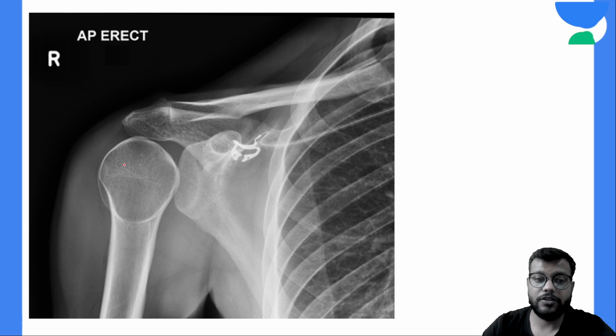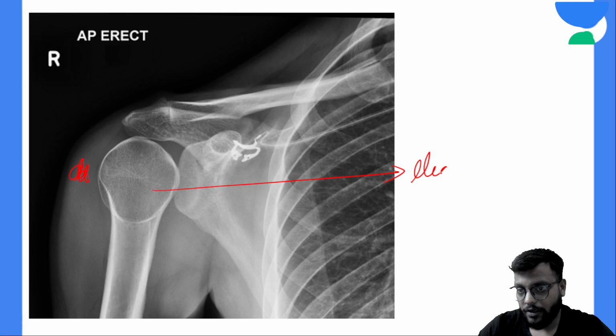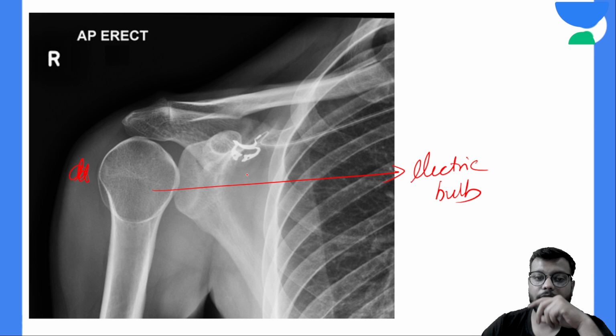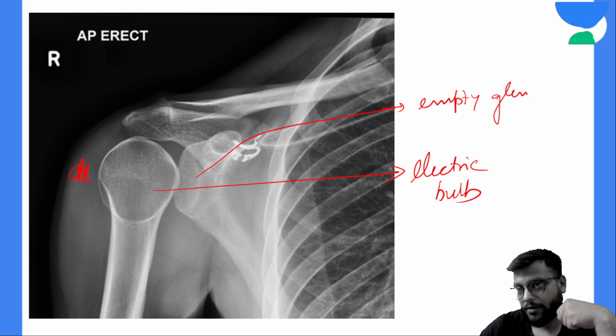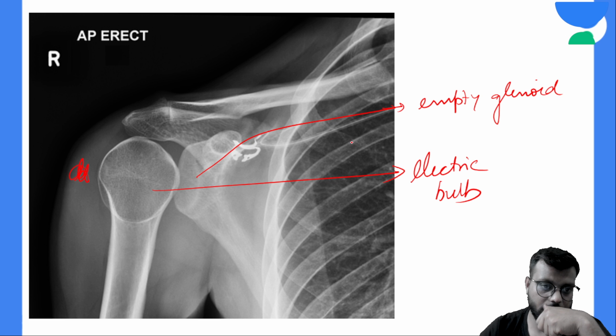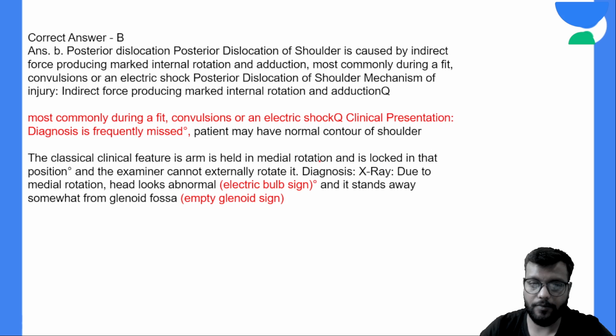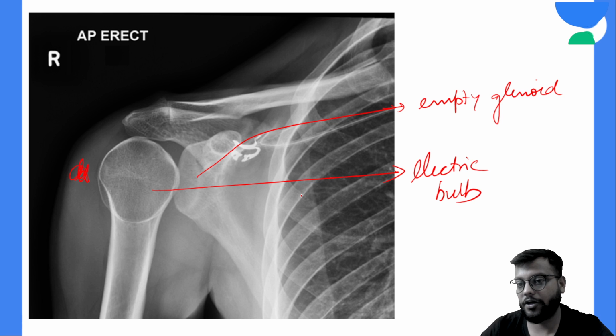And in posterior dislocation you have this electric bulb sign. This is your electric bulb sign. You will see in AP view, this is your head of the humerus, posteriorly dislocated, and this is your empty glenoid sign and the electric bulb sign.